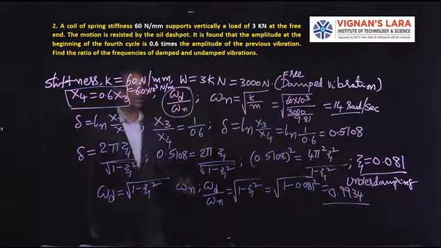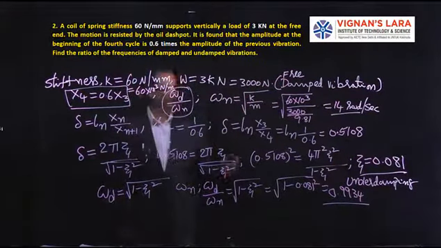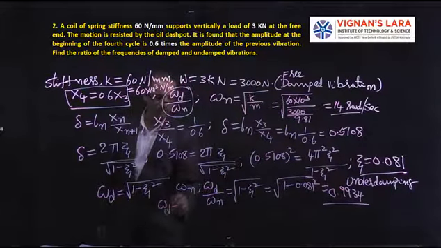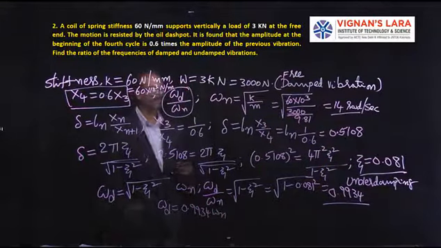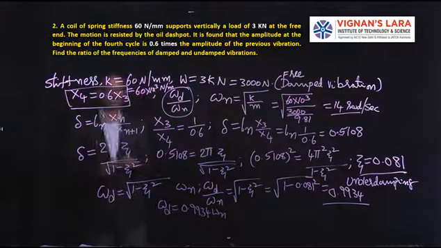So omega d is equal to 0.9934 of the natural frequency. The damped frequency is 0.9934 times omega n. So this is another problem which is solved with simple substitution of the data.